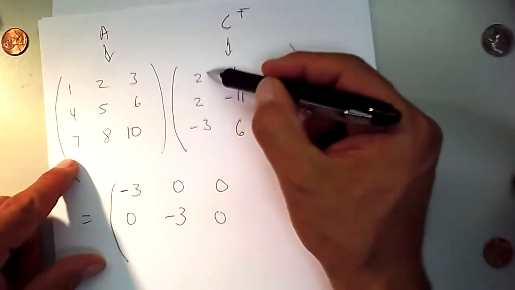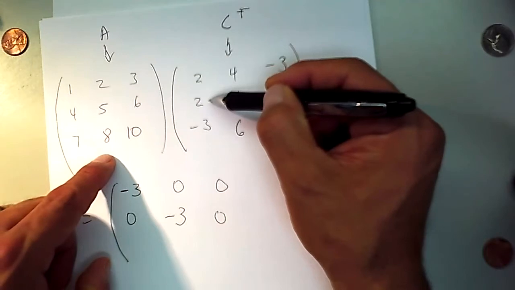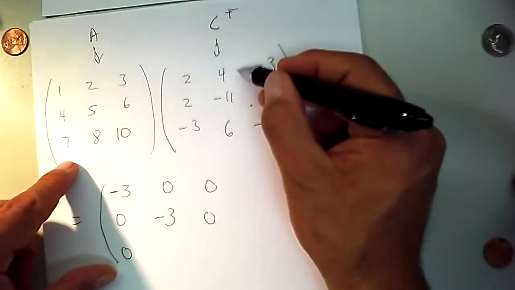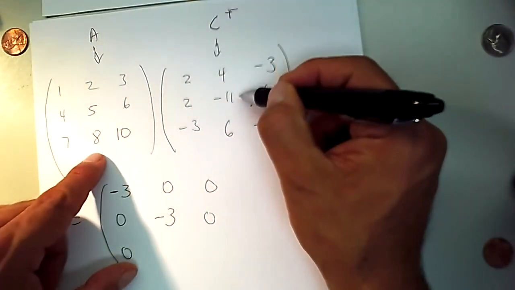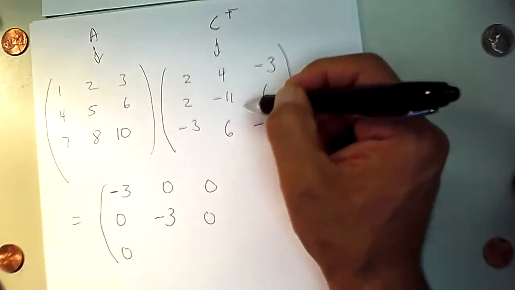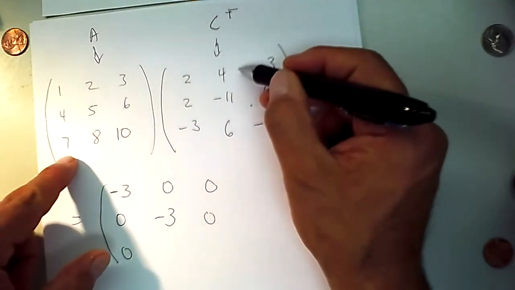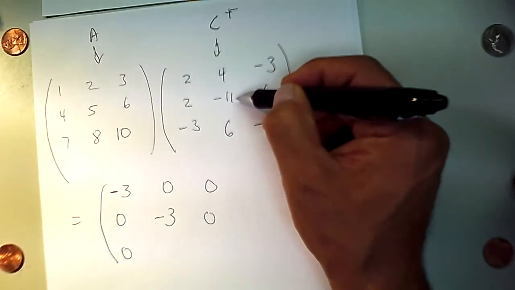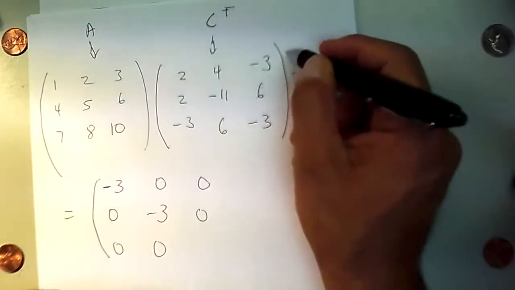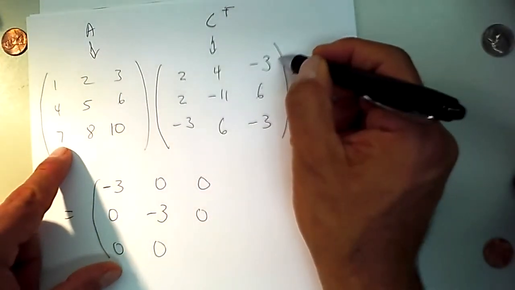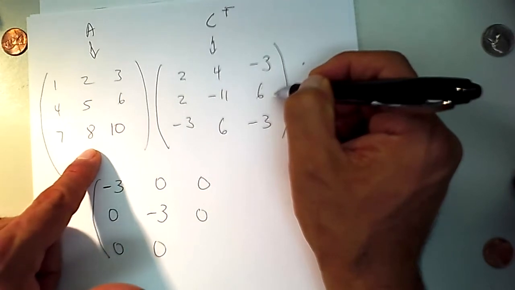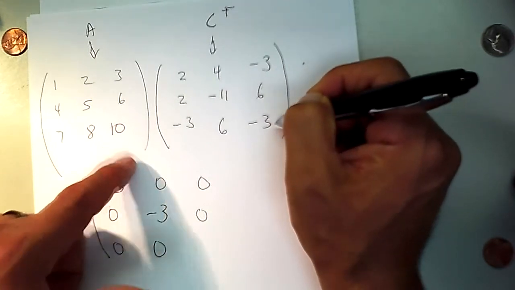Boy. 14 and 16, that's 30, minus 30 is 0. 28 minus 88 plus 60. Well, 28 minus 88 is negative 60 plus 60 is 0. And then, boy, negative 21 plus 48 minus 30.